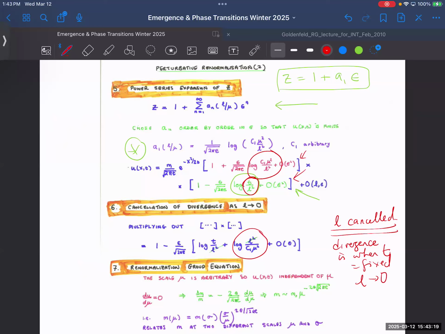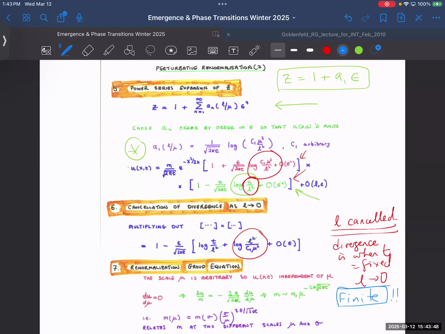If I went to order epsilon squared, I would still have some L's, and I'd have to do this procedure to higher orders in epsilon and so on. And you can show that you can do this to arbitrary high order, and it will work. So now I've got my solution, which is now finite. So now the whole point about this is I've now turned my perturbation theory into something that is finite. And we like things that are finite. There's only one problem.